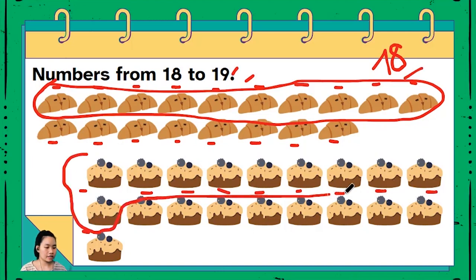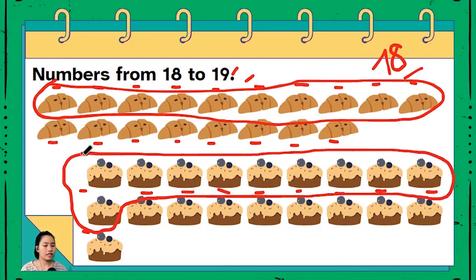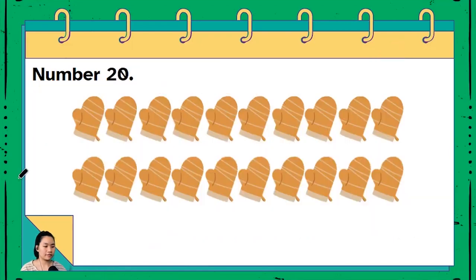Let's circle our 10 cakes up here. 11, 12, 13, 14, 15, 16, 17, 18, 19, okay? So we have 19 cakes and 18 muffins.